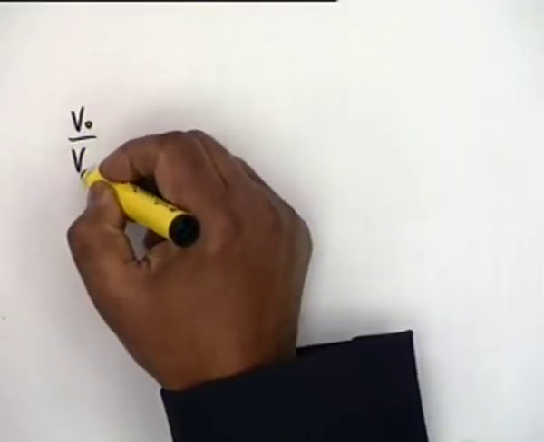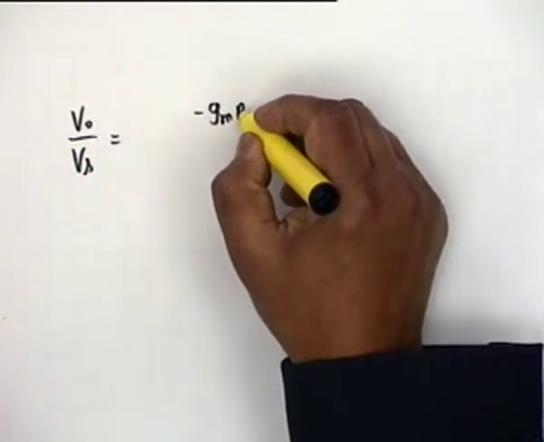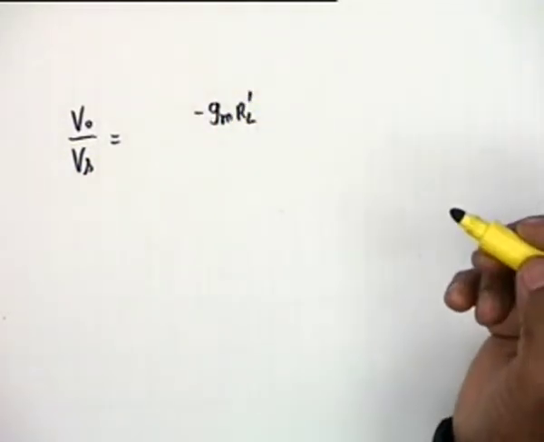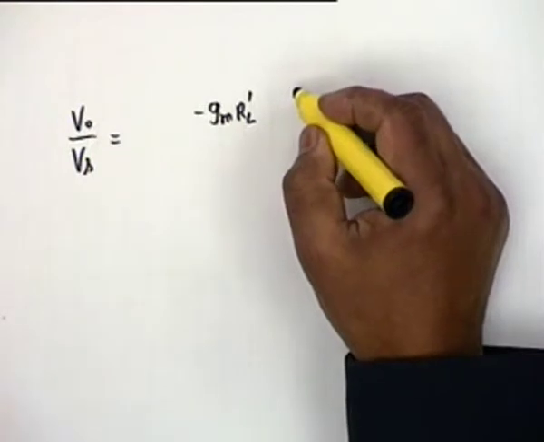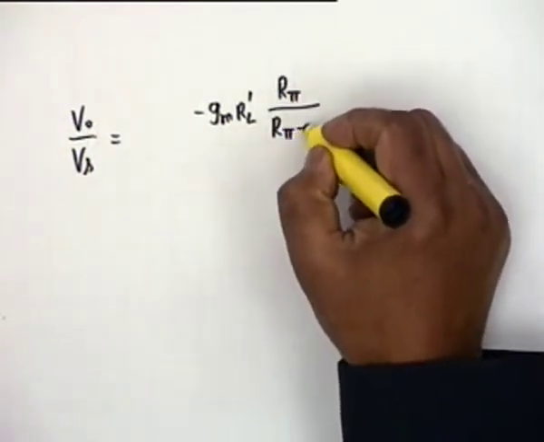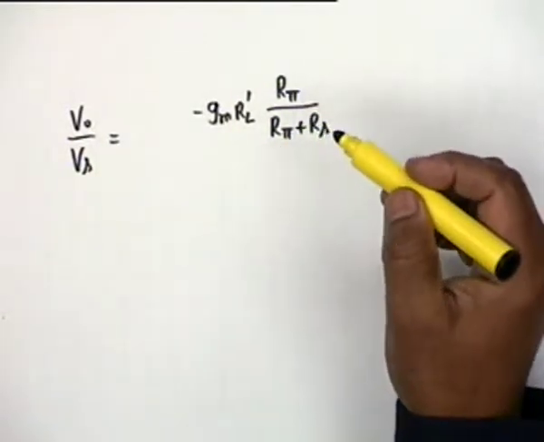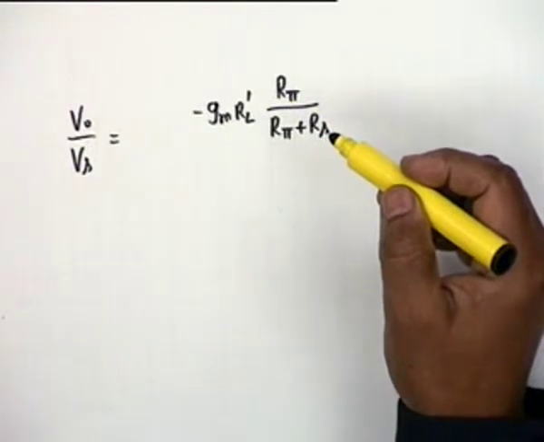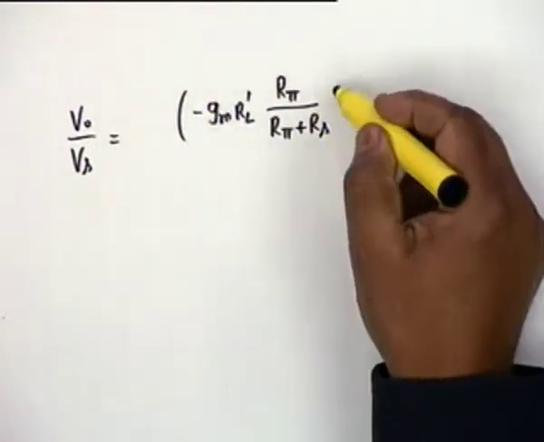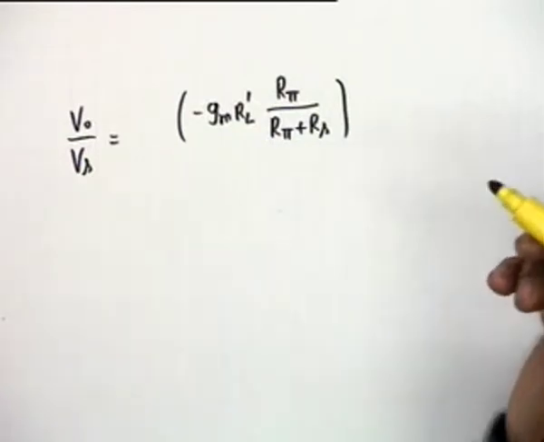Please do write this down. Minus gm RL prime, this is AV0, as in the approximate expression, multiplied by R pi divided by R pi plus RS. This takes account of the midband gain at the input. So this whole quantity is AVS0 as in the earlier case.